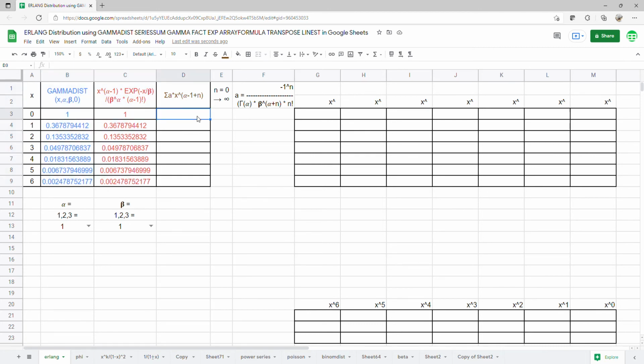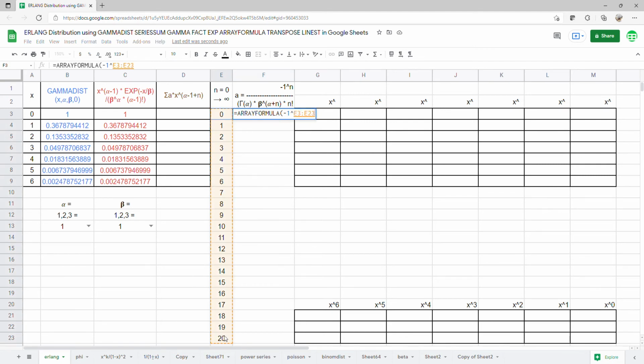Now we continue with the Taylor series expansion, which is the summation of a times x to the power alpha minus 1 plus n, where our n is from 0 to infinity. And our value of a is negative 1 raised to the power n over gamma alpha times beta raised to the power alpha plus n times factorial of n.